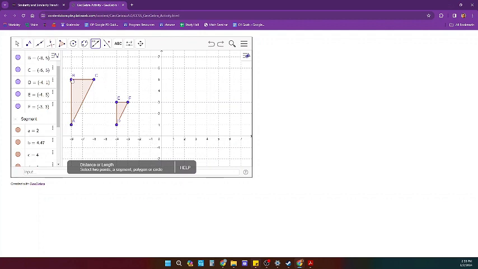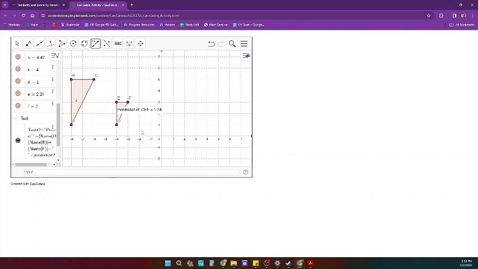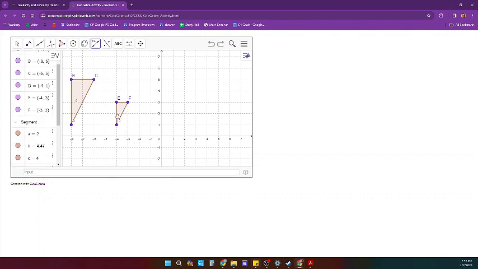So, I'm going to start with the long side on each of these triangles. So AB is 4 units long, and ED is 2 units long.